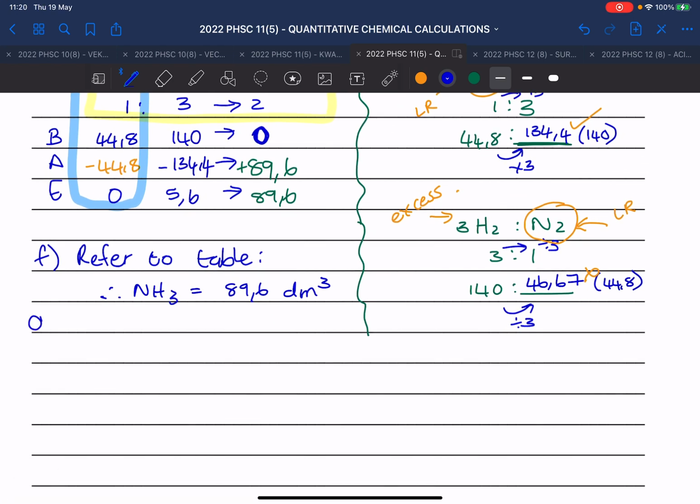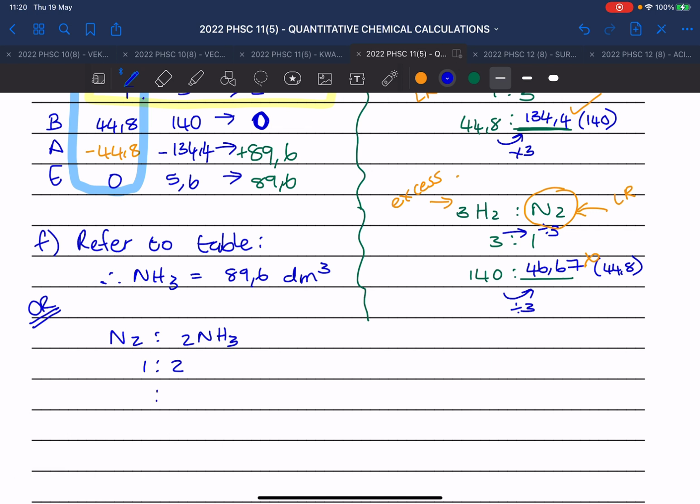Or you could have said nitrogen versus ammonia is 1 to 2. Okay, but how much nitrogen did we use? 44.8. So then you say from there to there, you multiply by 2. So here you get 89.6 decimeters cubed.